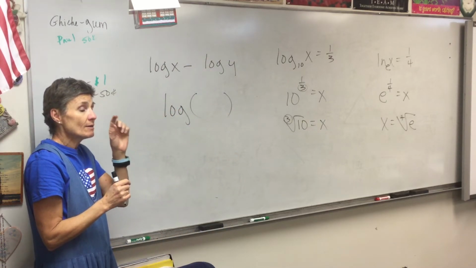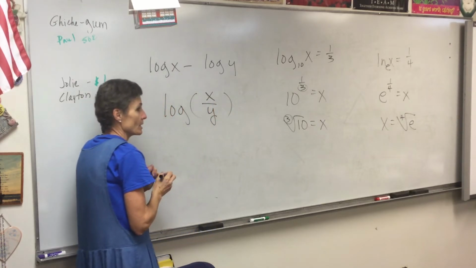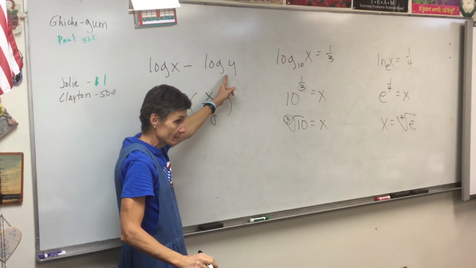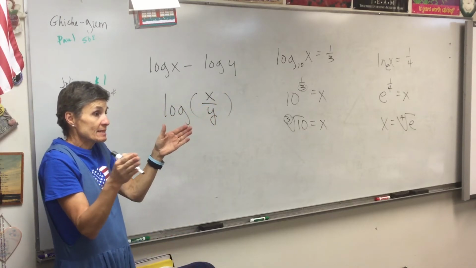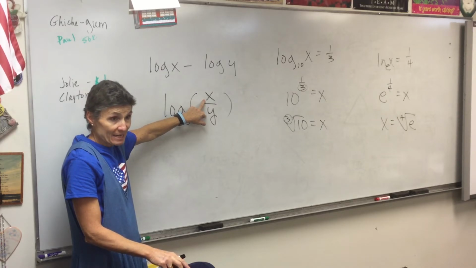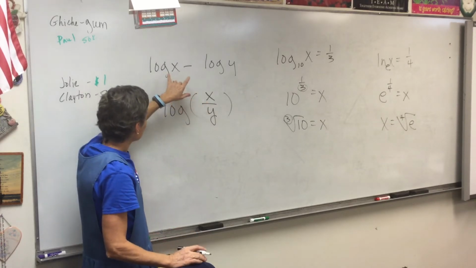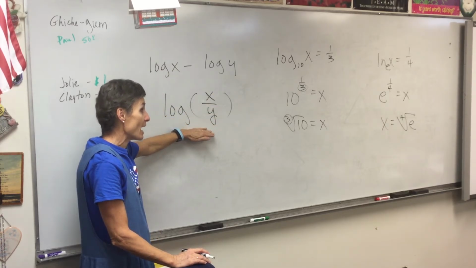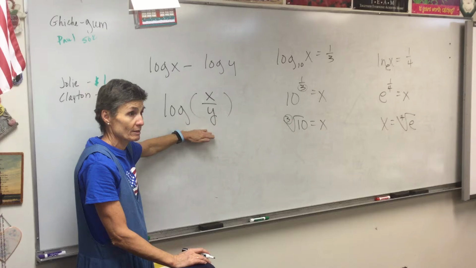When they get squished together, they go together as a division problem. When the logarithms are subtracted, it means the numbers themselves have been divided. So you're going to take this expression and rewrite it like this. That is actually a property of logarithms.